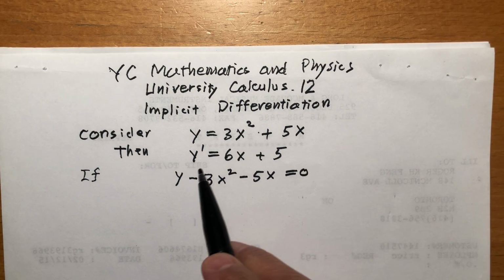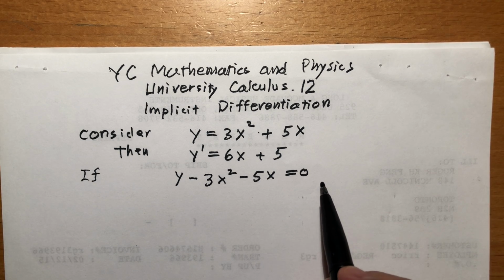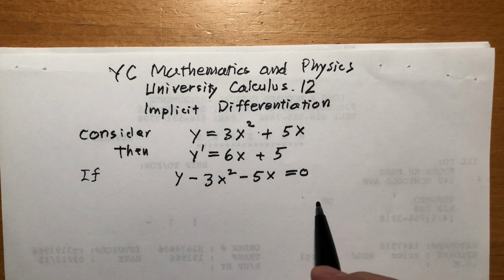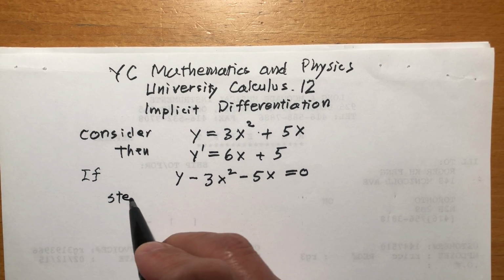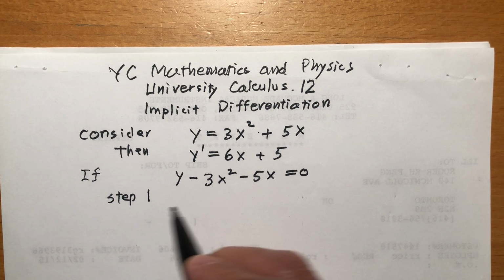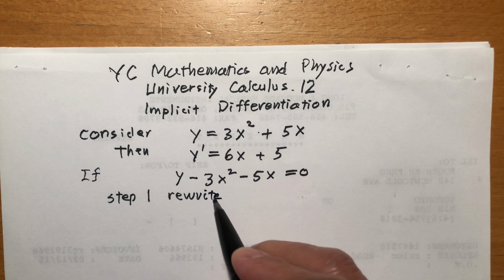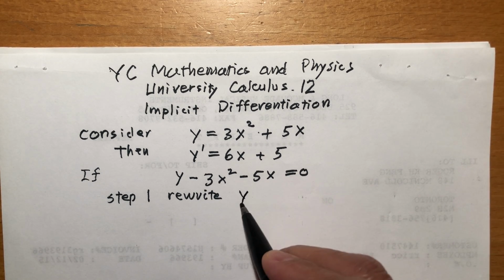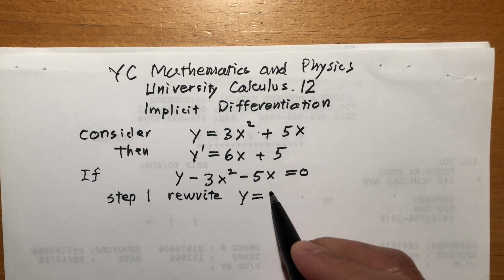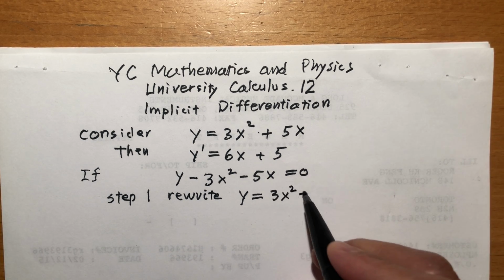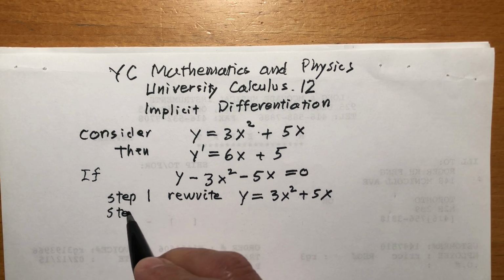Let's move these two terms to the right-hand side. So we need to rewrite it. The first step is to rewrite this given function. You move the x terms to the right-hand side, and then we do the derivative.